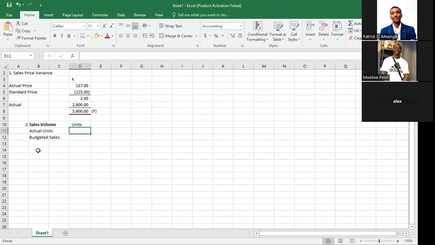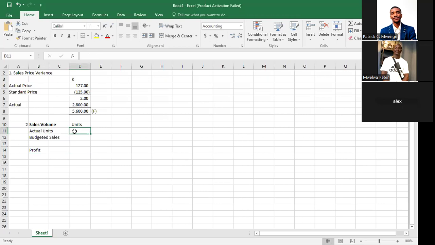And then that variance you multiply by the profit or the contribution, depending on whether the entity uses absorption costing or marginal costing. In this context, this company is using absorption costing, because you can see the fixed overheads are part of the production cost. So we're going to multiply it by the standard profit or budgeted profit.